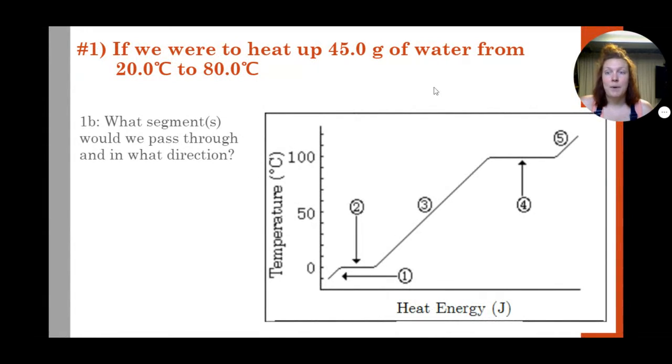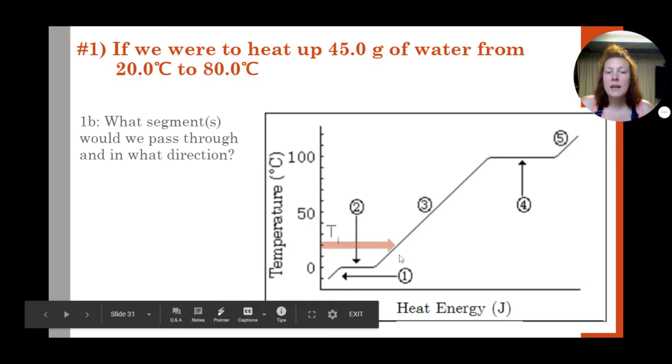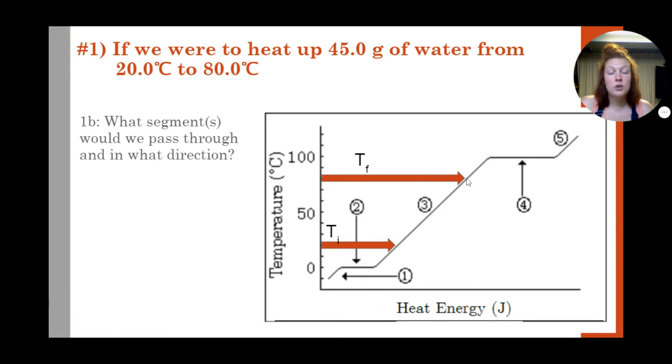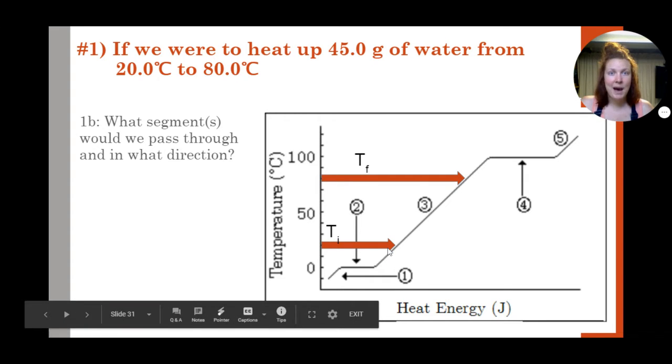All right, so let's look at part B. What segments would we pass through and what direction? Okay, so what it's asking you is that if we were to heat up 45 grams of water from 20 degrees Celsius to 80 degrees Celsius. So you'll notice that I went ahead and marked my diagram. Now, it's not required that you mark your diagram.